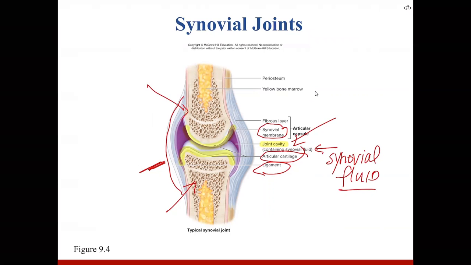There's a fibrous outer layer to the articular capsule. Then there's a synovial membrane, which is going to make the fluid, and then there's a cavity. In between these bones, it's kind of like a sac. That sac has an outer lining. It's like you double bagged it: an outer lining, an inner lining, and then fluid in there.